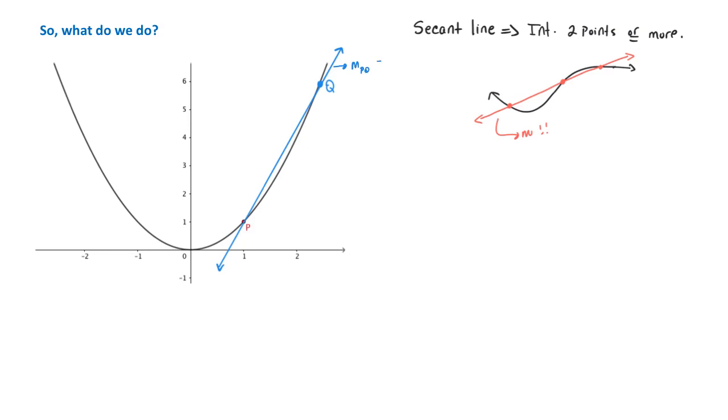And we know that we can use the formula y2 minus y1 over x2 minus x1 to calculate the slope of that line. But then, could the slope of line PQ be a good approximation for the slope of the tangent line? I mean, think about it. Q is still very far away from P. So the slope that we get of this line will still be very far off from the slope of the possible tangent line.